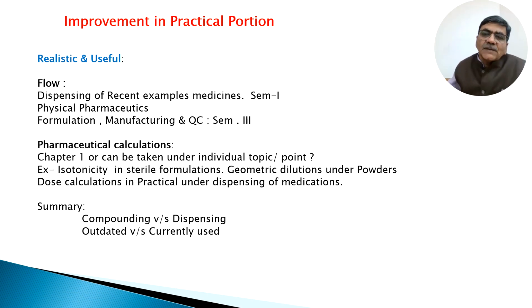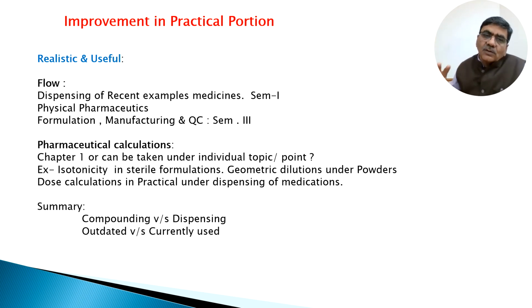Another point is pharmaceutical calculation, as the first chapter is related to pharmaceutical calculations. But if we separate all the calculations, then students do not feel there is a connection. So while taking a particular dosage form, we should teach them the calculation part, whether it is percentage calculation, geometrical dilution, or dose calculations. So it can be considered during the teaching and formulation of the particular dosage form.